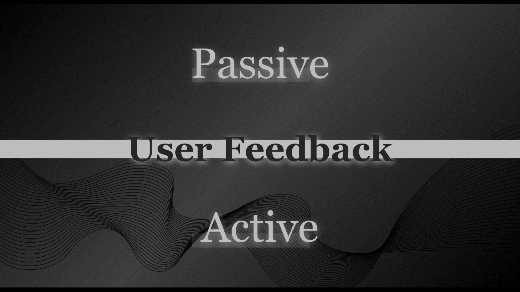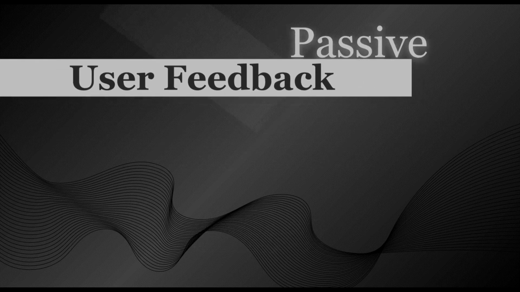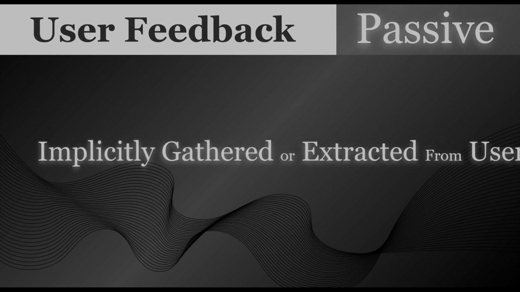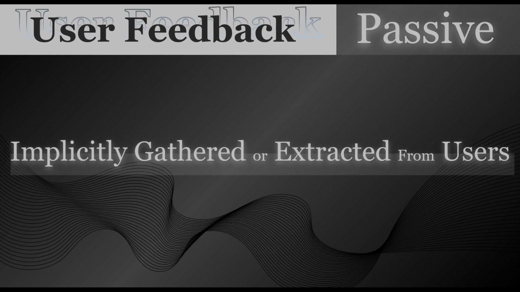After talking about active user feedback, it's now time for passive user feedback. In passive user feedback, in contrast with active, we implicitly gather or extract feedback from users. As you remember from active user feedback, we explicitly ask the user to give us some feedback.